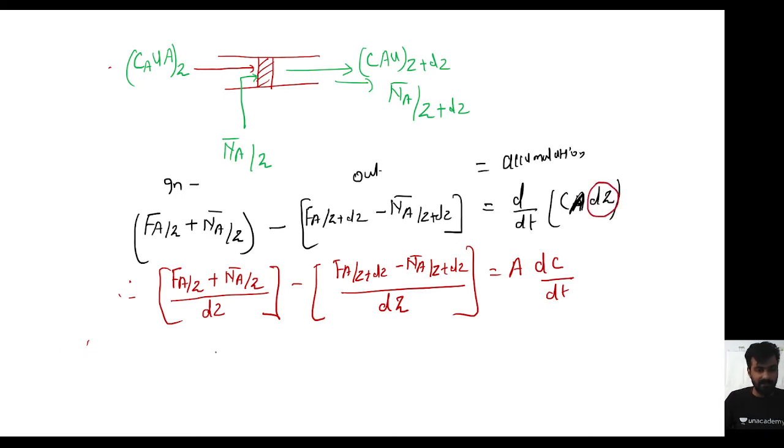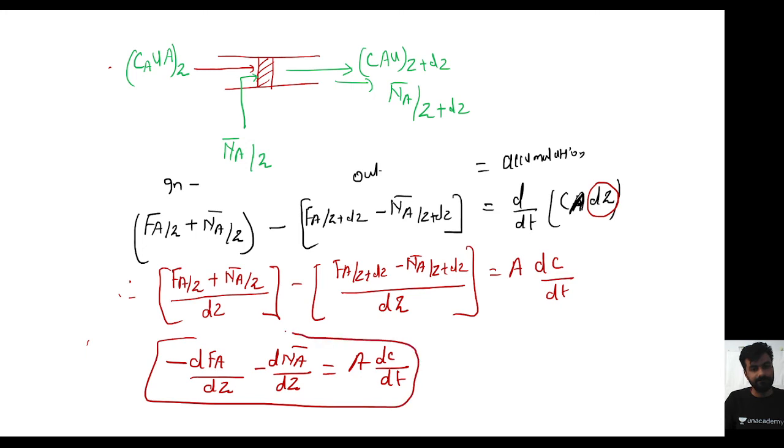So again can I write minus dFa by dz minus dNa bar by dz. This is just the simple differential, that is equal to A dC by dt.